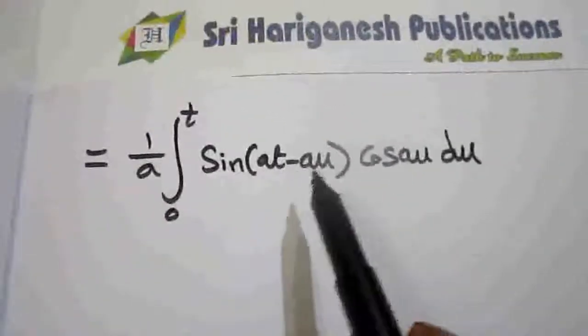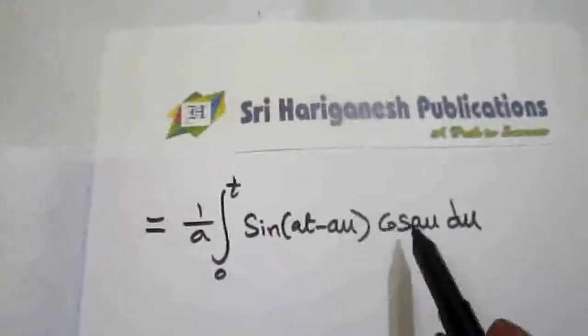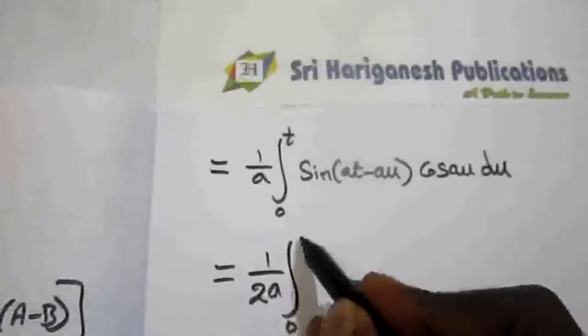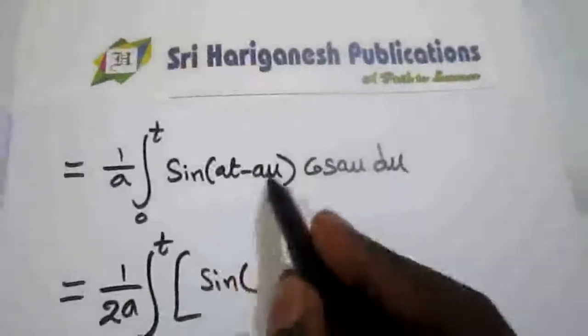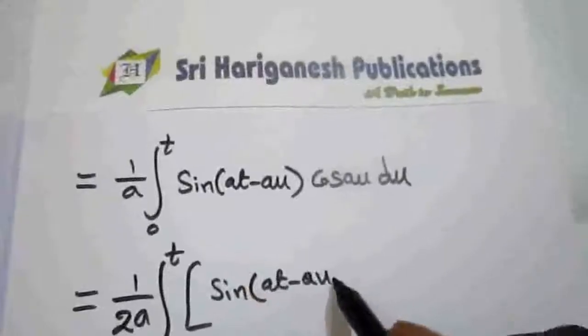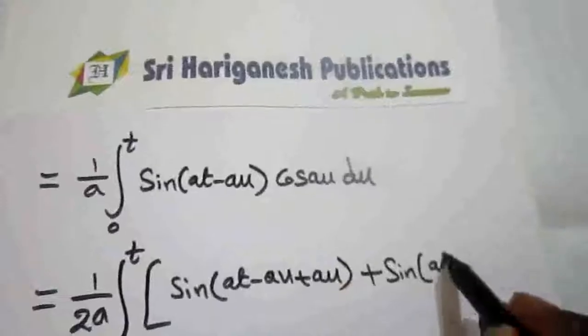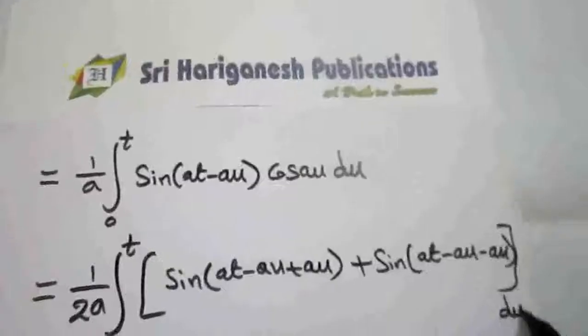But here A is at minus au and B is au. So sin A cos B becomes 1 by 2a integral from 0 to t of sin(A plus B) plus sin(A minus B), that is sin(at minus au plus au) plus sin(at minus au minus au), du.